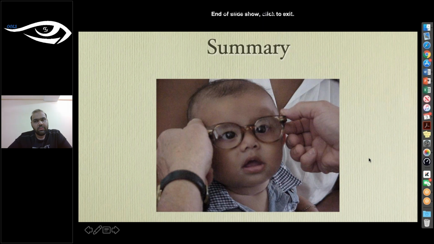So we put together questionnaires, 5 visual developmental questions and 5 risk development questions. And we're now about to start a second phase of a research study looking at the efficacy of that in comparison to refractive screening alone.